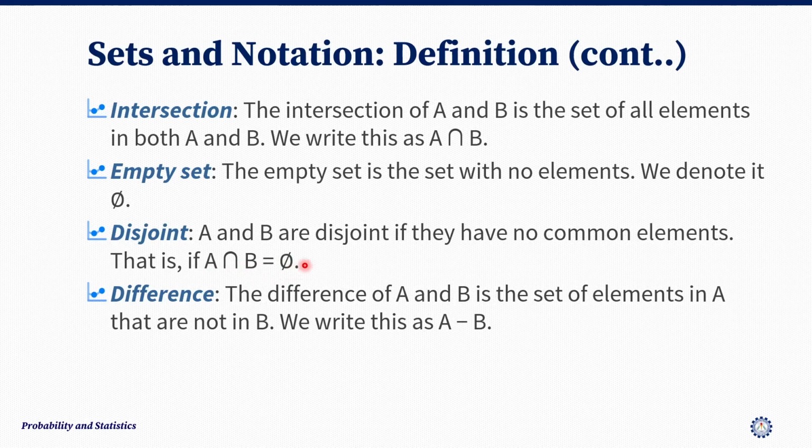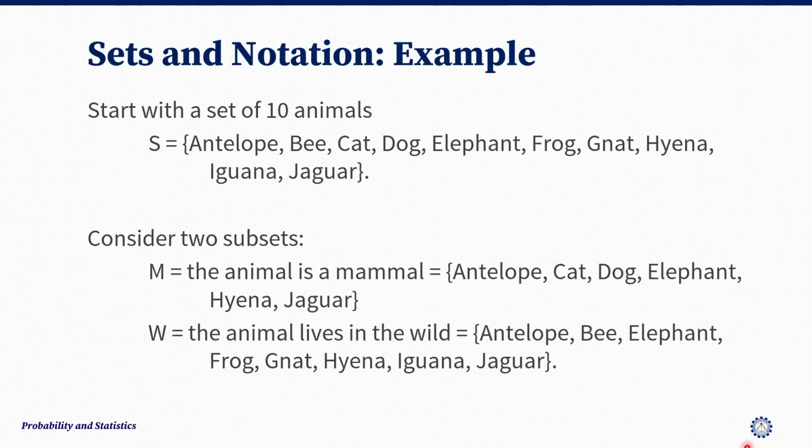When A intersection B results in an empty set, that means they are disjoint sets. We also have the difference. The difference of A and B is the set of elements in A that are not in B. We write this as A minus B. Later on, I will explain that using a Venn diagram, so don't worry.